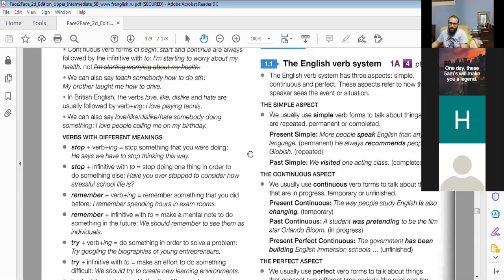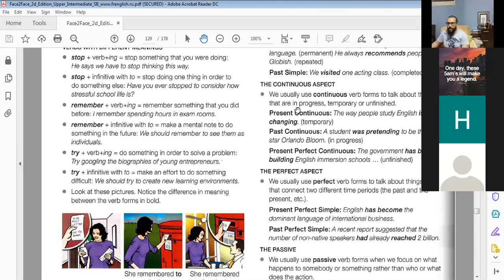If it's in the past simple, it's maybe permanent or completed. If it's in the present simple, it's of course repeated. Then the continuous aspect. So our answer is correct. This is in progress, temporary, maybe unfinished.